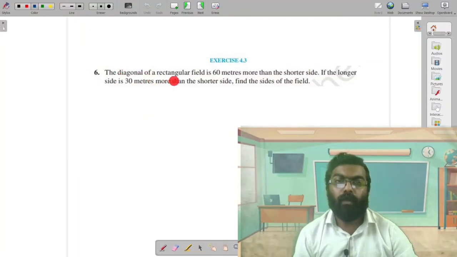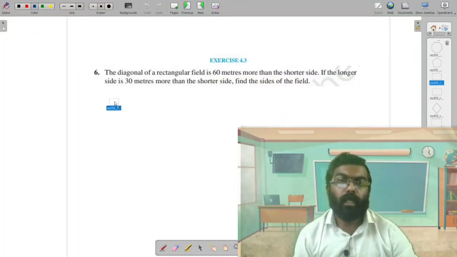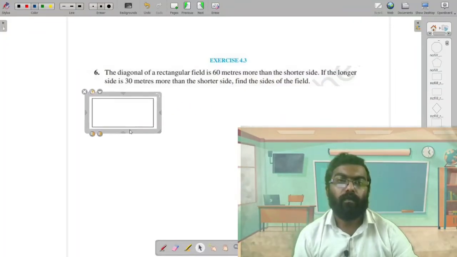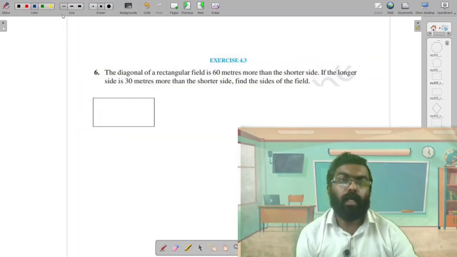The diagonal of a rectangular field is 60 meters more than the shorter side. If the longer side is 30 meters more than the shorter side, find the sides of the field. Okay. Let us consider a rectangle. And we can draw a diagonal of this particular rectangle.